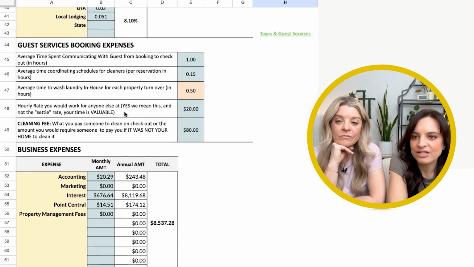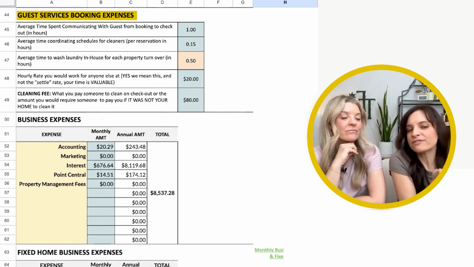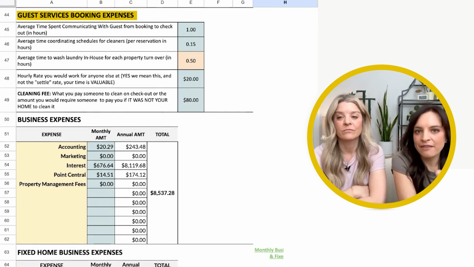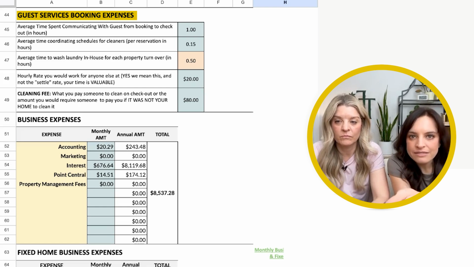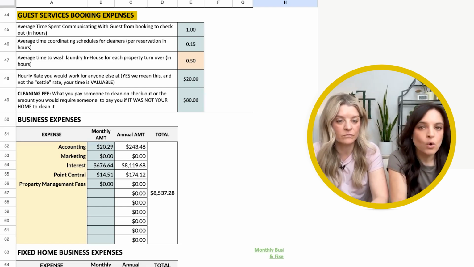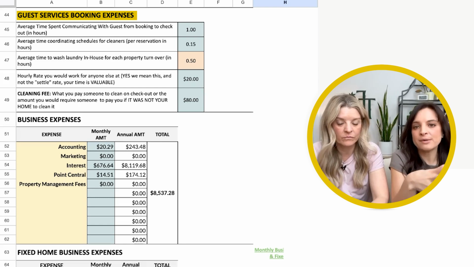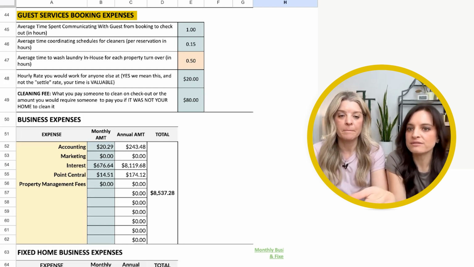And then this is the section that I think a lot of you probably leave out. And these are guest service expenses. So if you are like a lot of the people who consume our content, you're running the show yourself. Put a value on how much you would pay someone else to do this, so that if you ever wanted some time off or you plan on scaling and you want to put someone in your shoes, how much would it cost someone to do these activities?